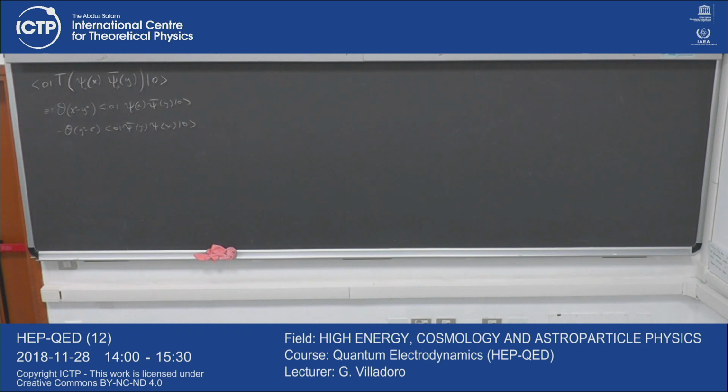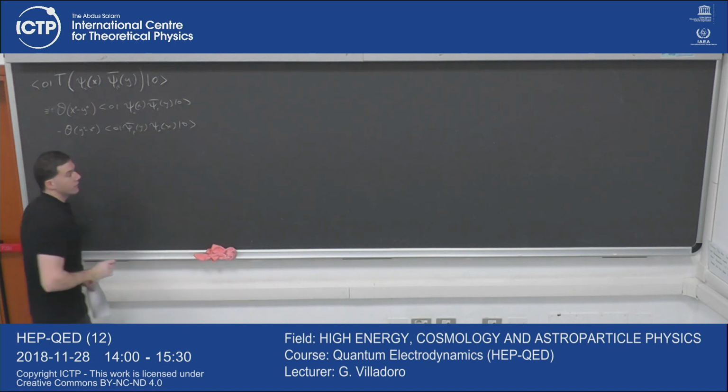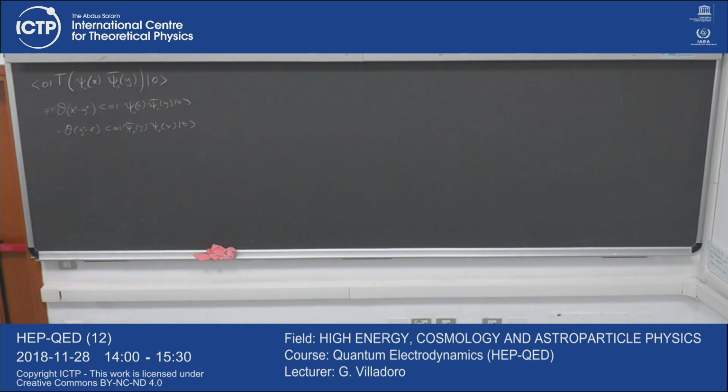For all spinor components, alpha and beta are fixed. So for each component, one of them is a matrix and another is a scalar. It's similar if you have more scalar fields, phi i and phi j, then you can do the same.